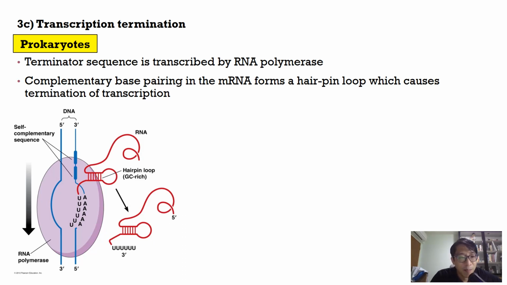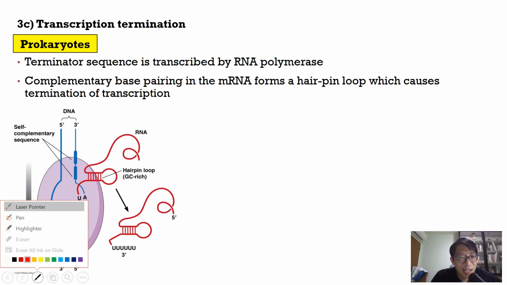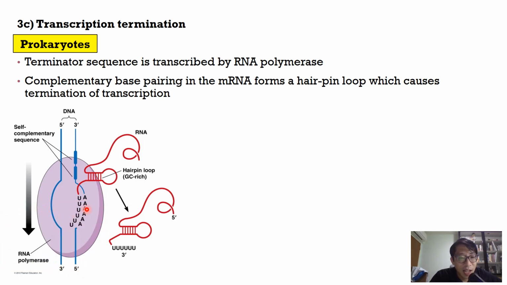For the prokaryote, the terminator sequence contains a sequence that is self-complementary. So this is the DNA sequence, and within the terminator sequence, there's this part that is self-complementary. Once the RNA polymerase has transcribed the terminator sequence, the mRNA also contains a self-complementary region.